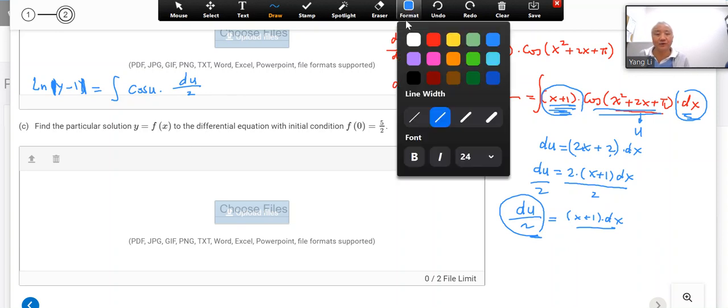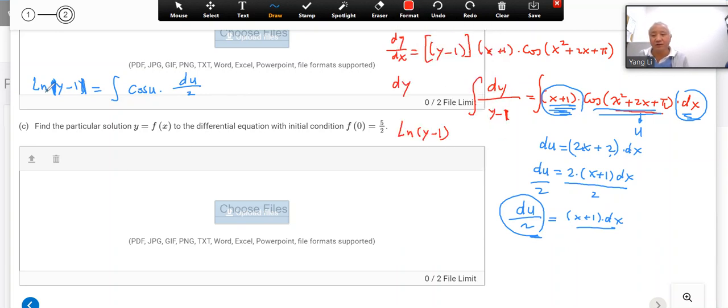Now I can do further simplification. So ln|y minus 1| equals, this is the 1 over 2, so I take it out as a constant, integral of cosine u du, right?